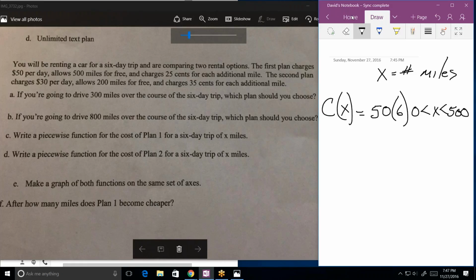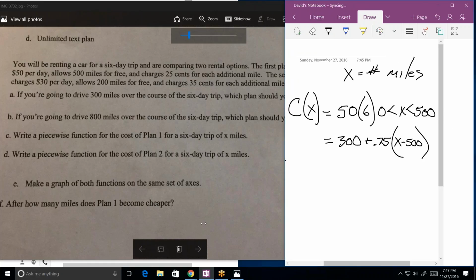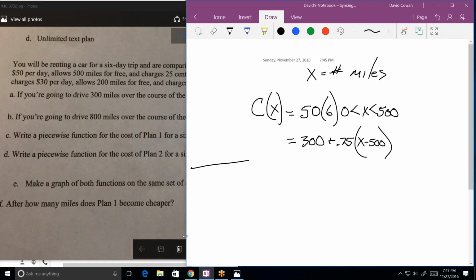The cost is equal to 300 plus 0.25 times X minus 500 if what? In other words, what should my domain read over here?